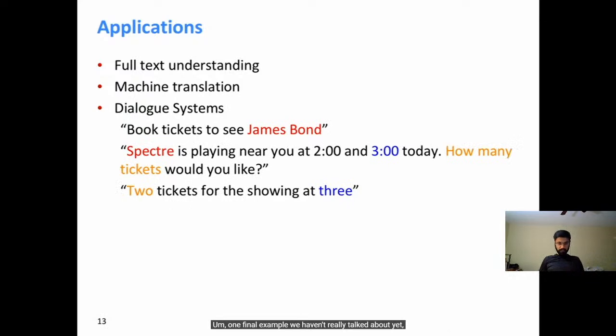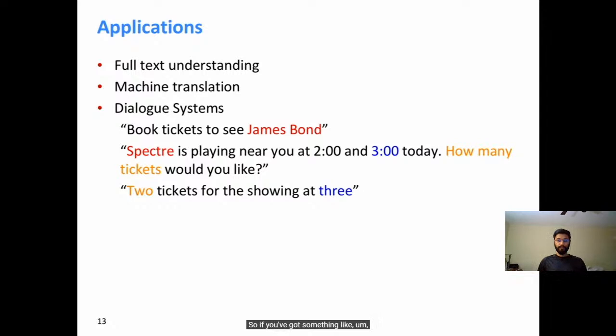One final example we haven't really talked about yet, but we'll get back to soon now because the class is almost over, is doing things with dialogue agents or chat systems. As soon as you're wanting to do anything more than a single turn dialogue, you need to start dealing with reference.